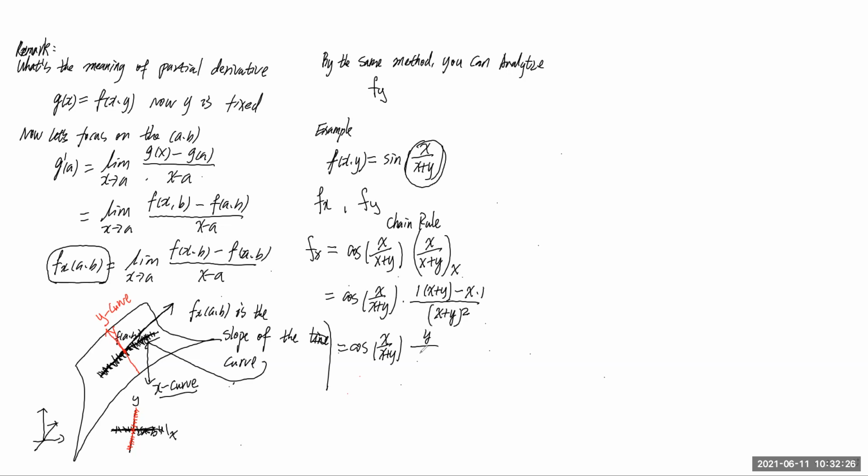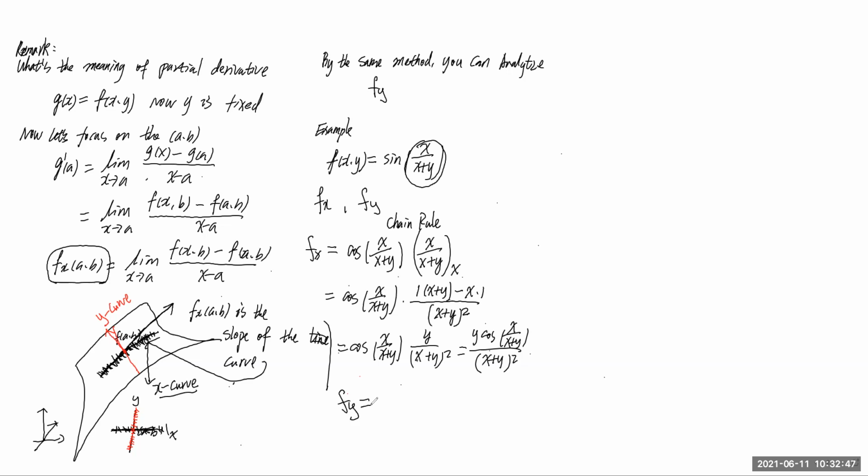This should be y over (x plus y) squared. So I will write it this way: cosine x times y over (x plus y) squared. So this is Fx. You have to know how to compute the partial derivative.